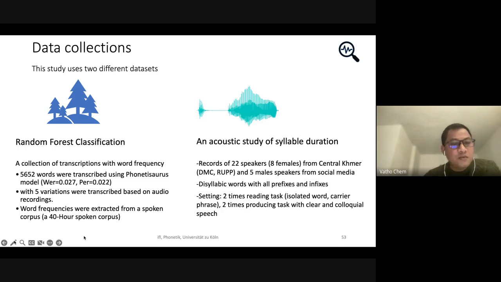And word frequency was extracted from a 40-hour spoken corpus. Now we have a spoken corpus for Central Khmer, so it is easy to extract the acoustic cues or other things like word frequency, for example.